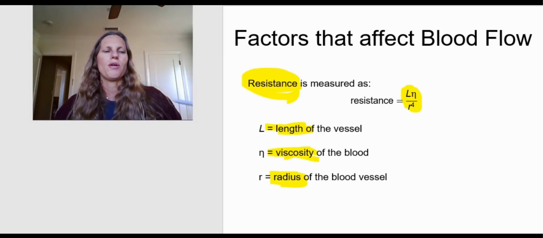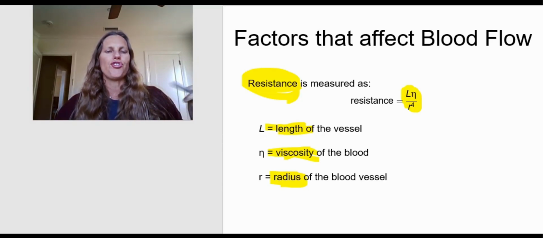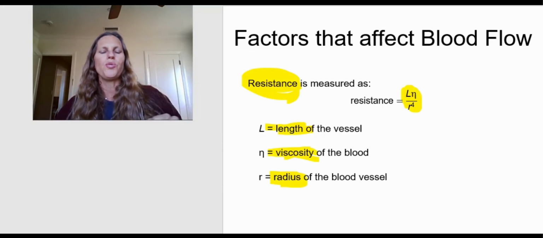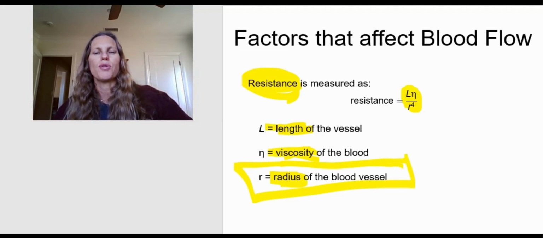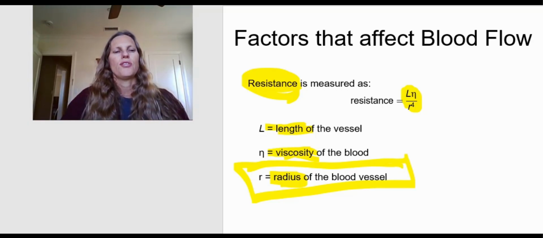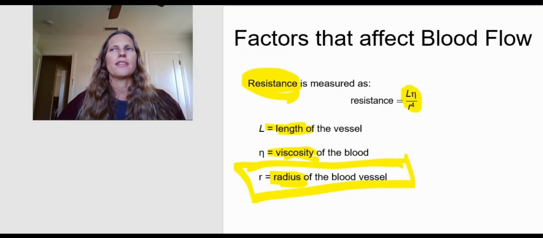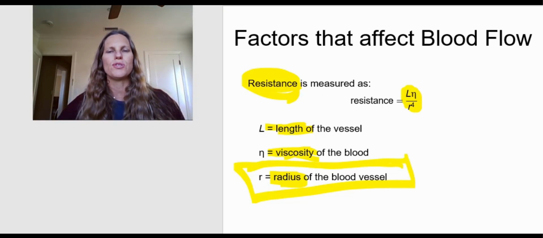Now, I'll talk about each of these independently in a minute, but of those variables, the only one that really is modifiable in a moment-to-moment way is the radius. The length of our vessel and the viscosity of our fluid do not normally vary from moment to moment. So changing those variables to affect blood flow in an instant is not going to work. Okay, what else do we need to know here?